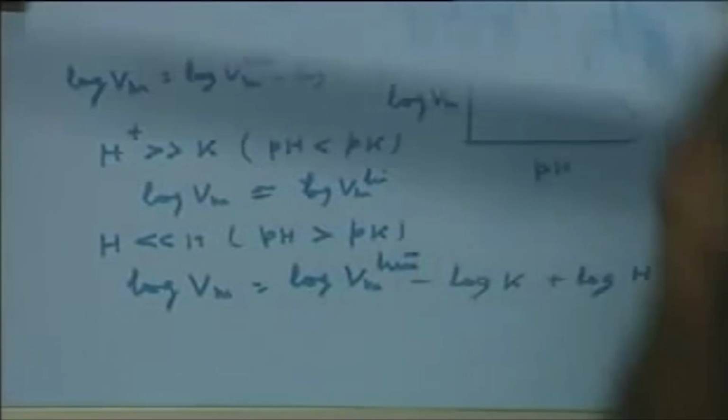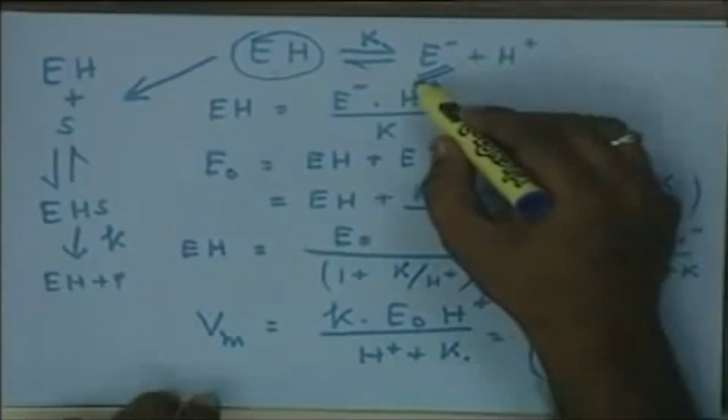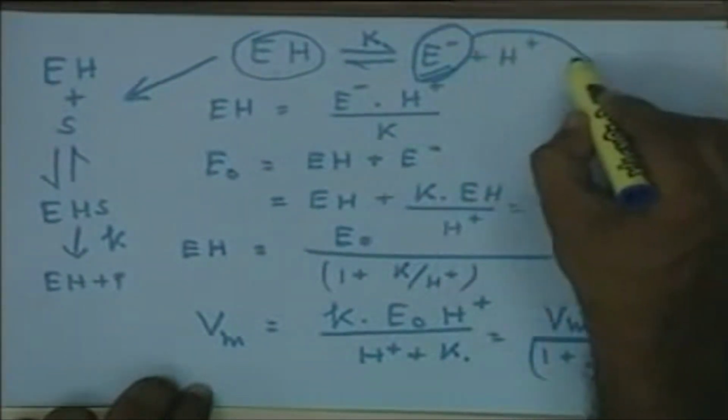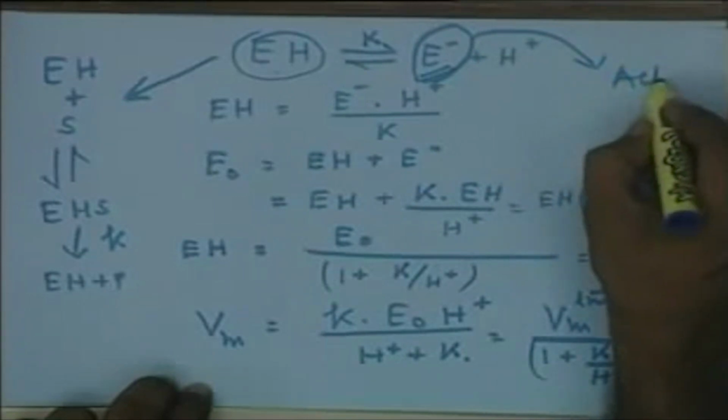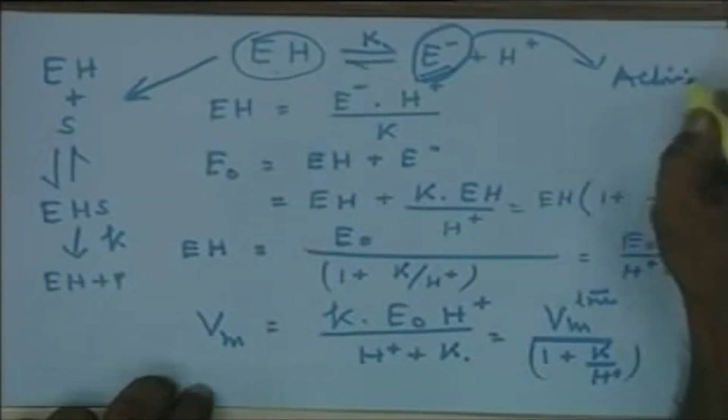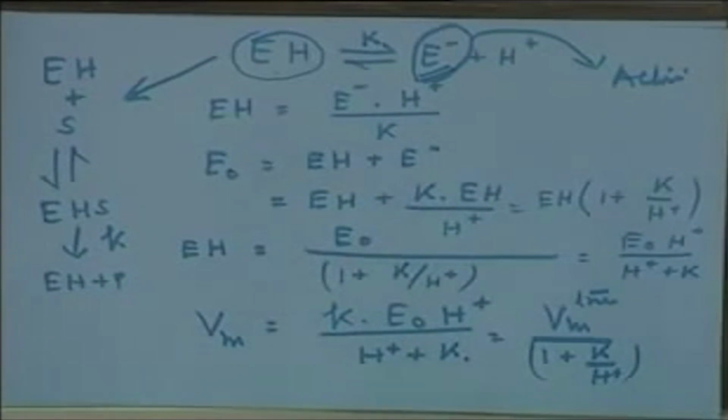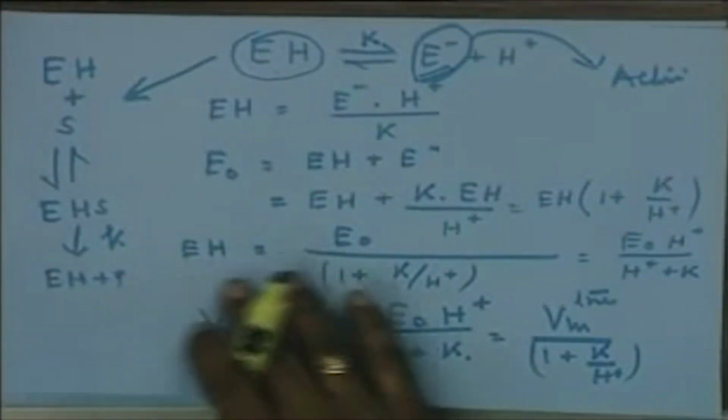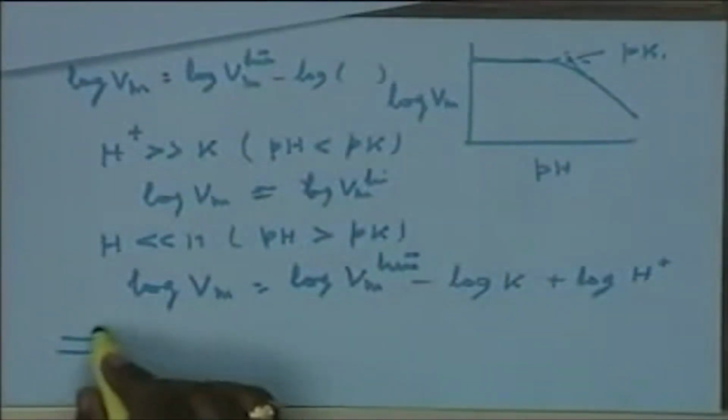On the other hand, if you consider the other alternative, as we noted, that instead of EH, the E minus or negatively charged enzyme is the active form, not the neutral enzyme, in that case the analysis will be identical, but the rate profile will be different.